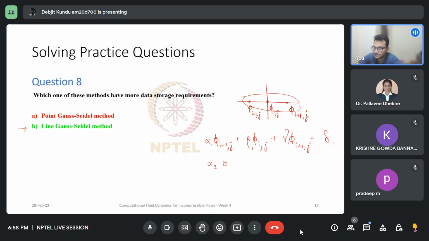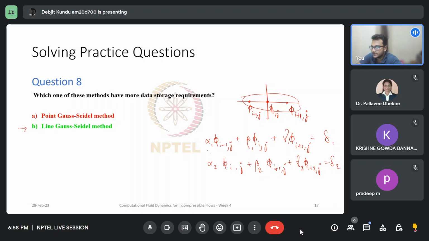So there will be a similar alpha 2 comma j, beta 2. We will move along the different points. So i comma j, then i plus 1 comma j, plus gamma 2 i plus 2 comma j, equal to delta 2 and so on. So multiple lines and multiple equations.